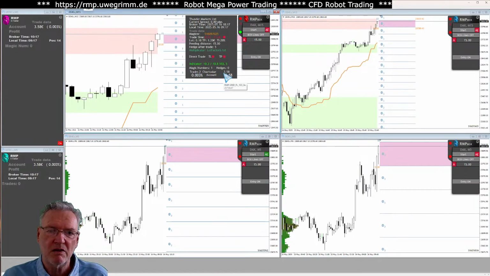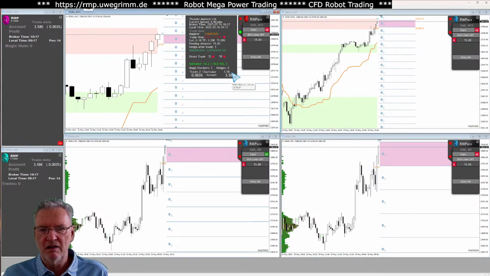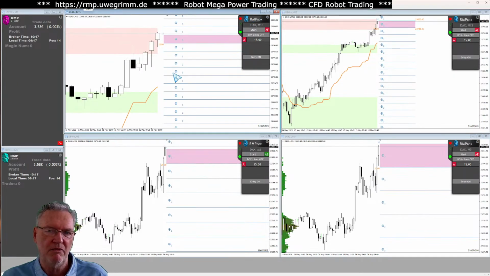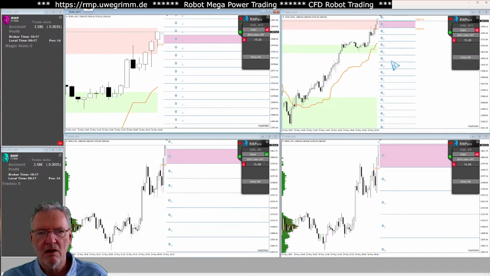And the win was 3.58. Yeah, this was the win, €3.58. And the daily win is also here, €3.58. Well, we only traded with this rover. So this was the zone trading strategy.